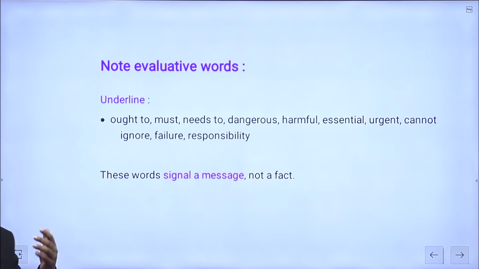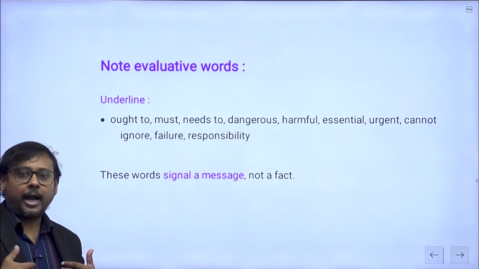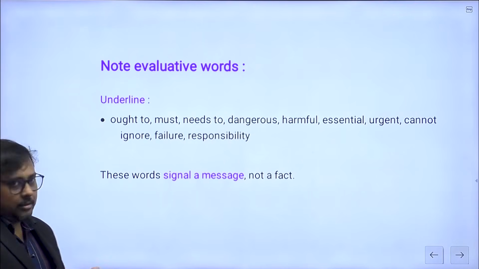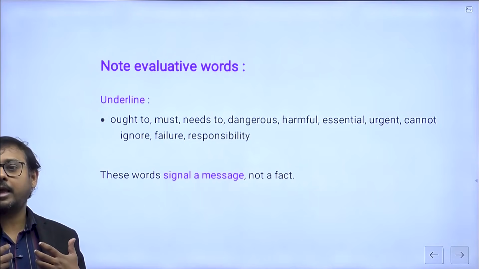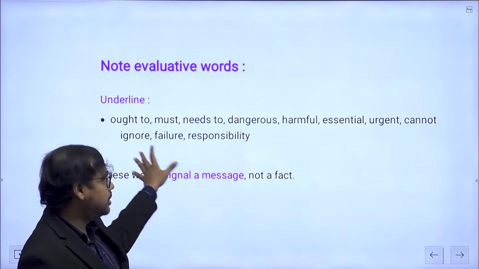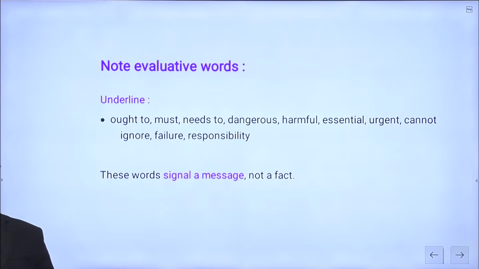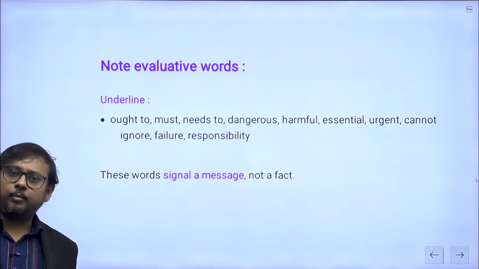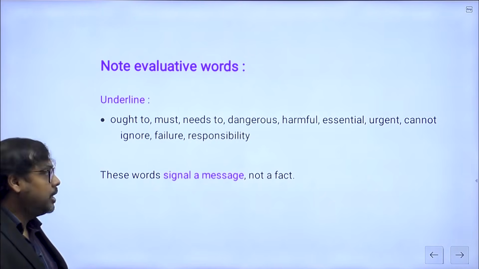This is not a hint, but people will sell it as tricks. This is common sense. If I am writing, I will be using these words as what? Something which I want to communicate to you, right? So the message will lie here. So these words signal a message, not a fact. Okay? So with practice you will understand what evaluative words are, what emotive words are, and we'll do that.